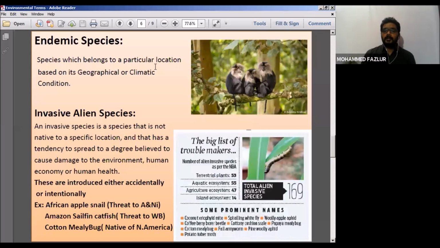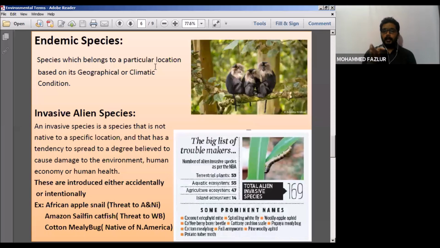Now if this dominates, what happens? It is a big threat to endemic species. If there is a threat to endemic species, after a period of time they may go extinct. Extinct means they may not survive, so that they are not existing. That's the meaning of extinct. So the African apple snail has impacted Andaman and Nicobar.